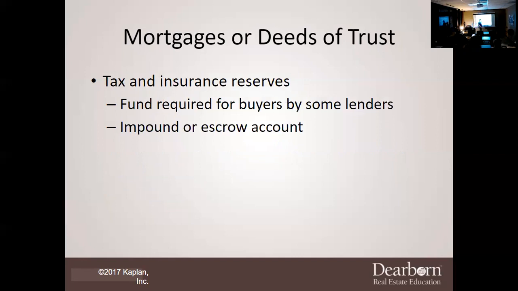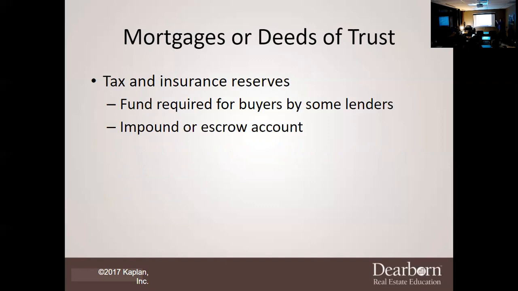Now, when dealing with tax and insurance reserves, Miss Linda, this is real quick because this is what you asked earlier. This is that TI. Remember the PITI? This is the TI right here. So this is where the taxes and insurance reserves go.